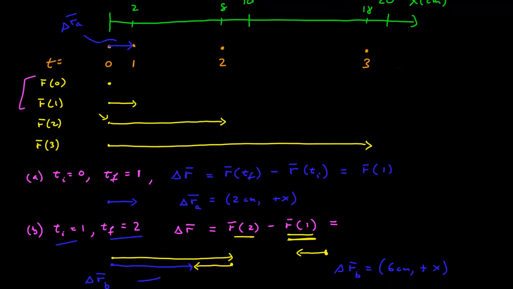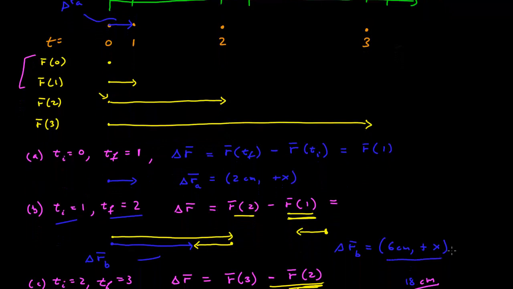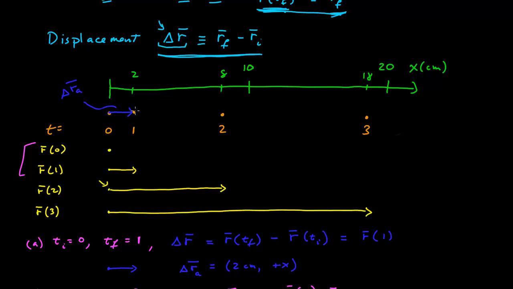The second vector here, which is 6 centimeters in length in the positive x direction, fits exactly between points 1 and 2 on the motion diagram.